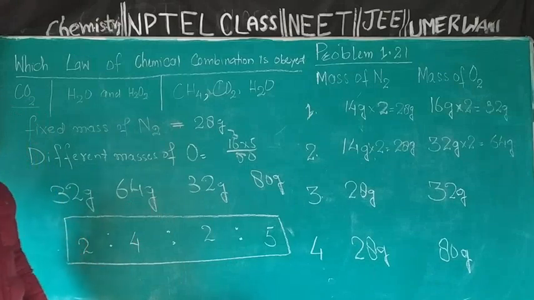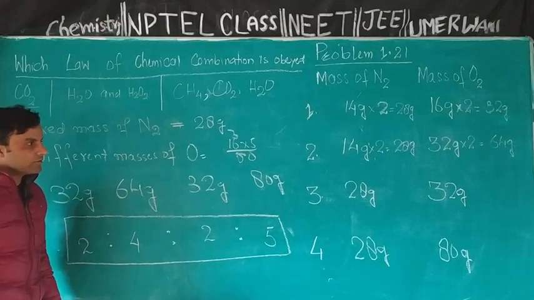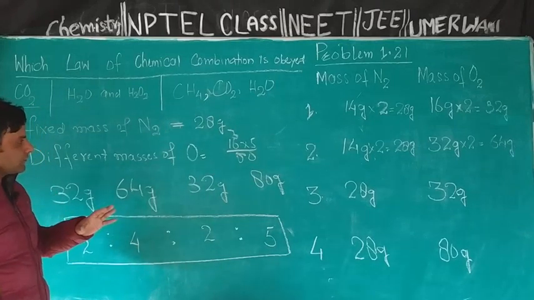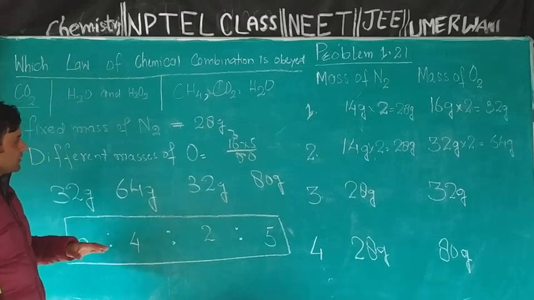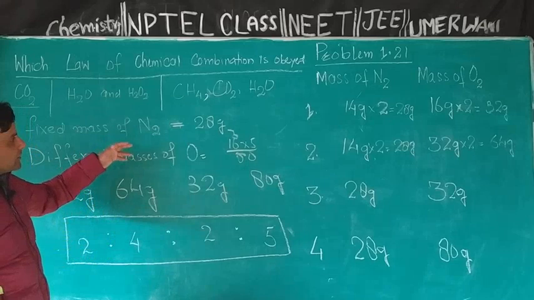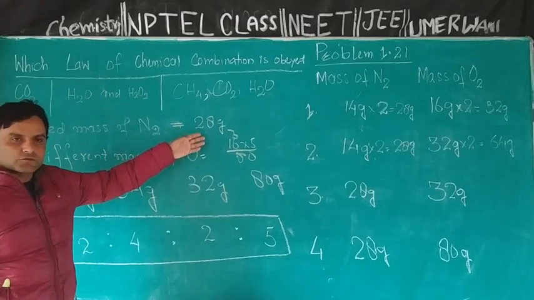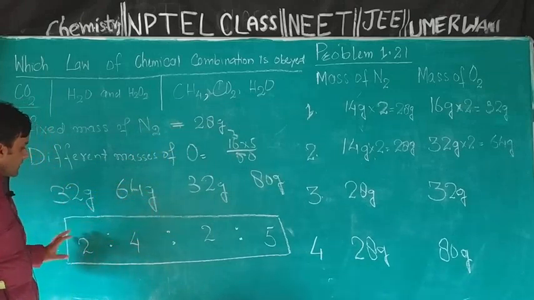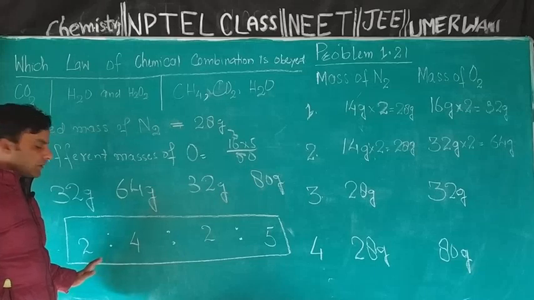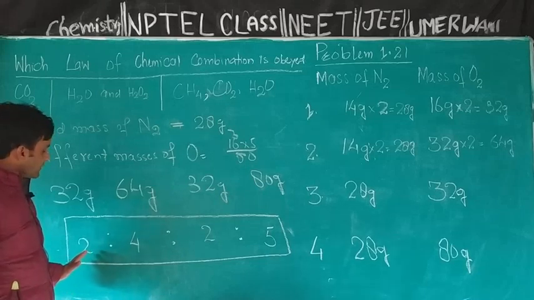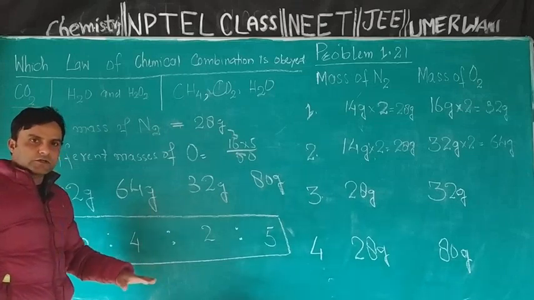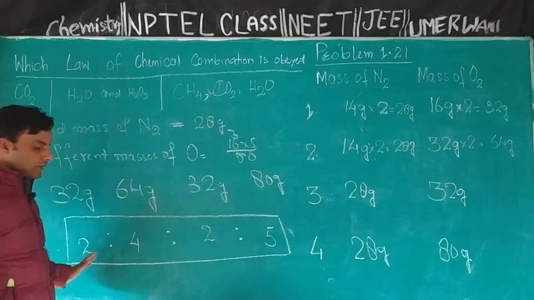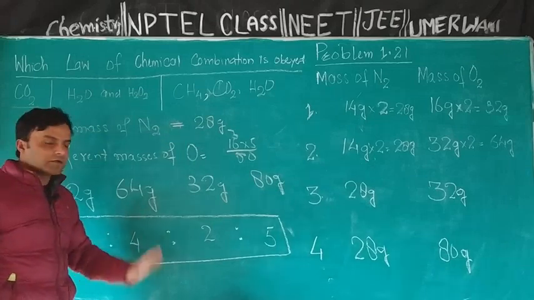As a result, I can now say that the given data obeys the law of multiple proportion, because for it to obey the law of multiple proportion, the reacted mass of one element was supposed to be fixed, and the reacted masses of the second element were supposed to be related with each other in a simple whole number numerical ratio.